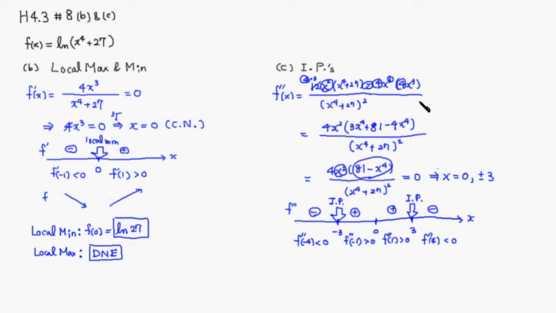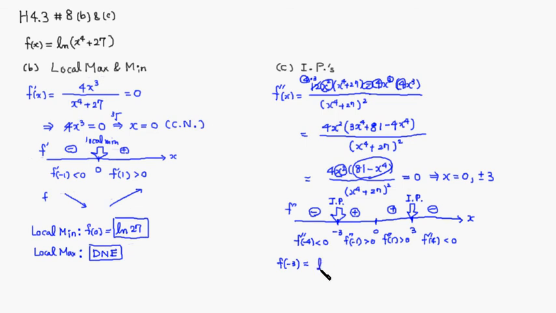All right, so let's find the inflection points. We need to plug in -3 into the original function. So f of -3 would be, plug in -3 in there. So -3 to the 4th is 81.